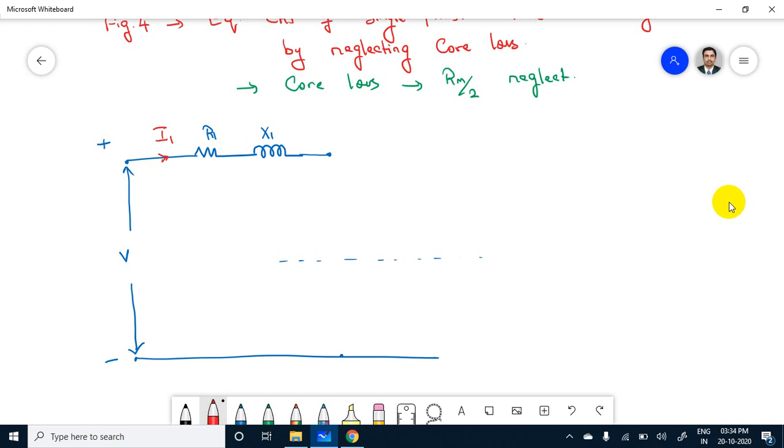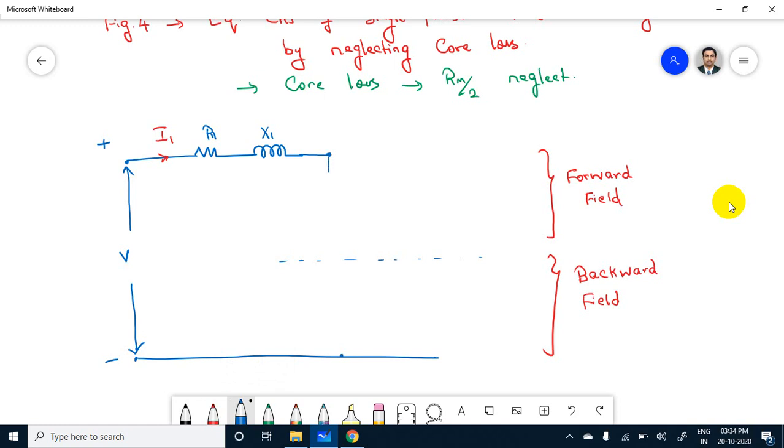Okay, the topmost part is the forward field. The downward part is the backward field. Okay, so we have to neglect Rm by 2.